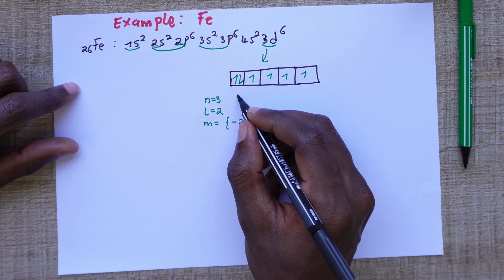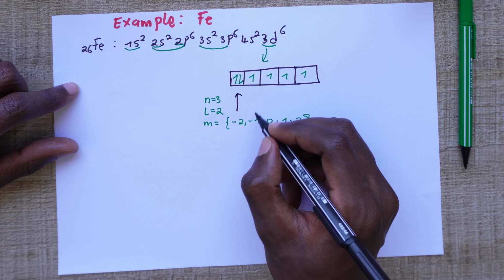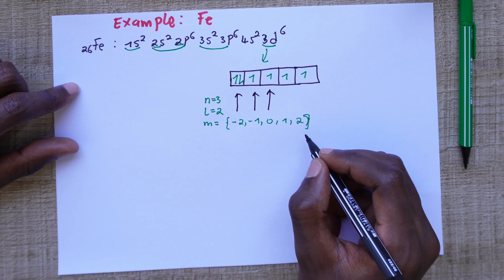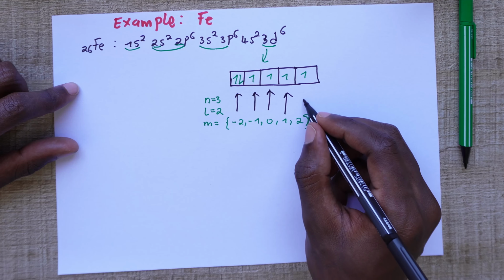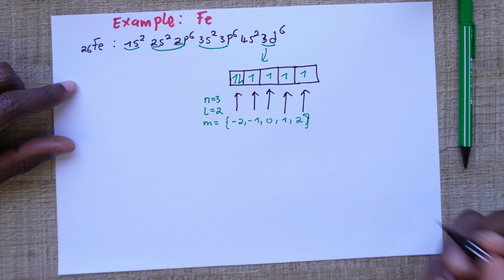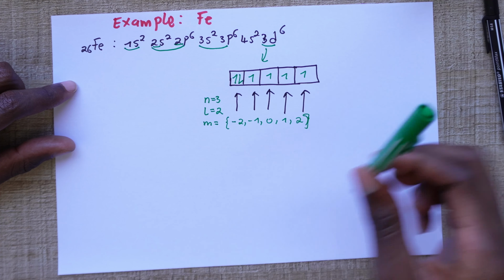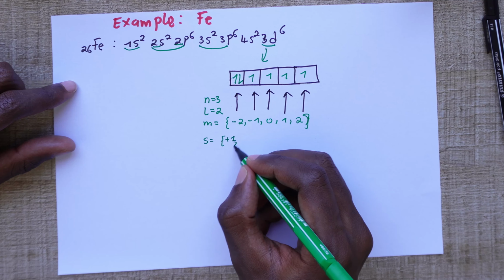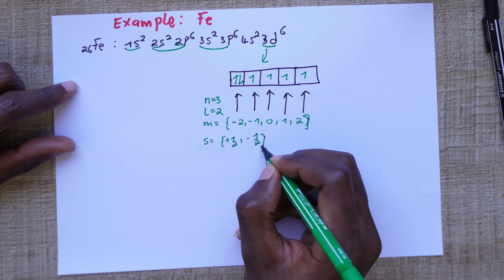So m equals -2 would correspond to this box, m equals -1 would correspond to this one, m equals 0, this one, m equals 1, this one, and m equals 2, that one. And lastly, the last quantum number, s, can either be plus half or minus half, as we saw earlier.